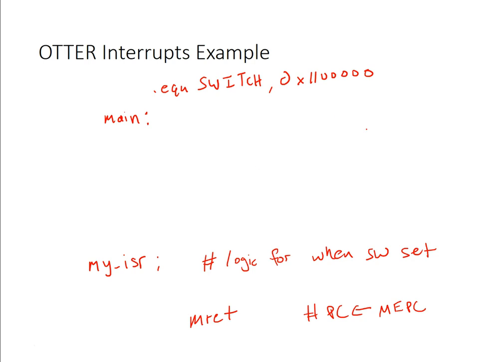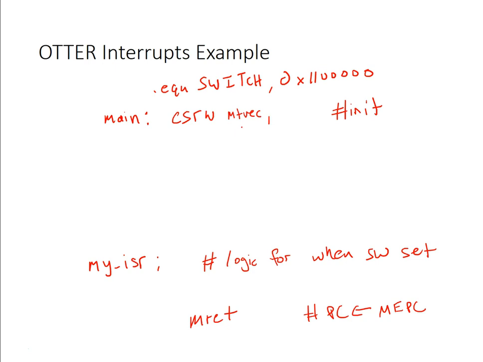Now in the main program, the first thing I'm going to do is init, or initialize, my machine, and that includes loading the address for my ISR into that special register, the MTVEC register. So we can use an instruction for accessing the CSR registers called CSRRW, or in this case I just need to write, so I'll do CSRW.